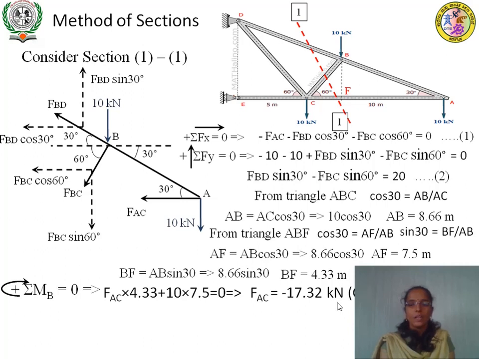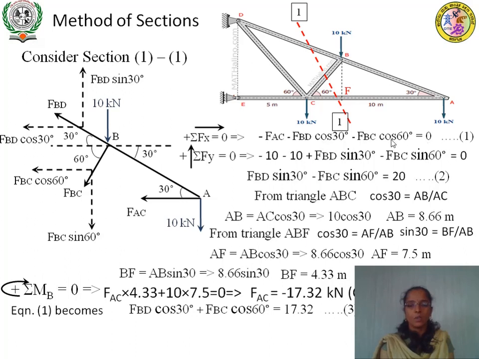After obtaining this force in member AC, let us substitute back into equation 1. So equation 1 becomes FBD cos 30 plus FBC cos 60 is equal to 17.32. Here we have minus FAC and the force value is minus 17.32. Therefore minus of minus will be plus.